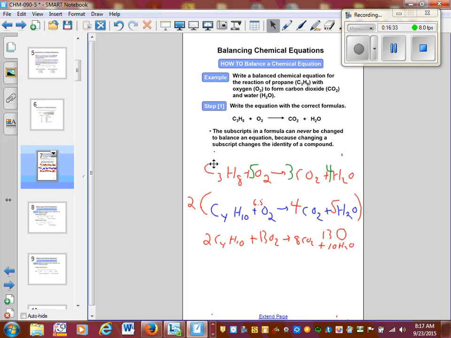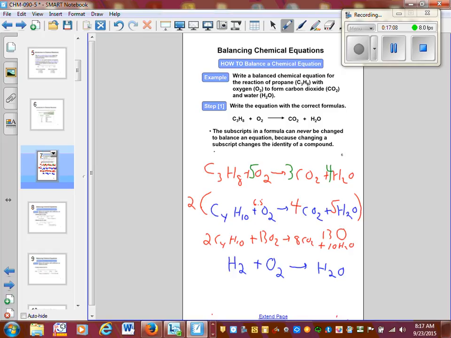So just to illustrate this, if I said we're going to make water: hydrogen plus oxygen gives us water. Everybody knows this. You have to remember hydrogen and oxygen are diatomic. Here's hydrogen plus oxygen gives us water. That was simple. I take 1 hydrogen molecule, 1 oxygen molecule, and I get 1 water molecule. No, it's not balanced.